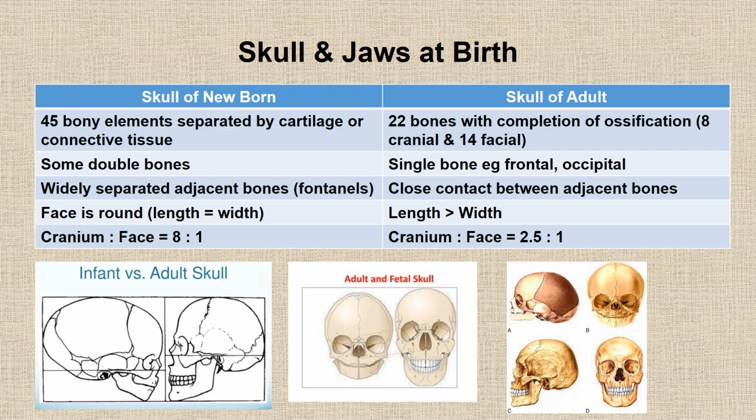Now, the ratio of the cranium to the face in a newborn is 8:1 compared to the adult, which is 2.5:1. This is because the facial skeleton of the newborn is relatively underdeveloped as compared to an adult.